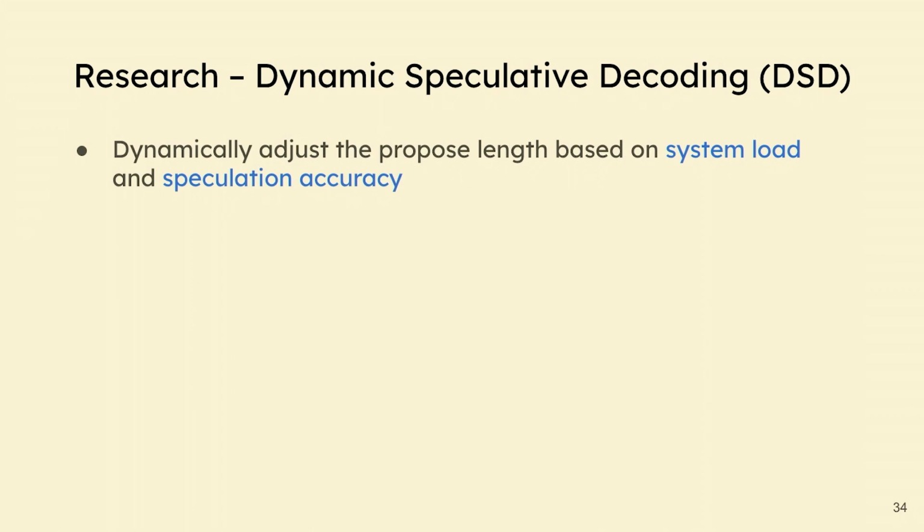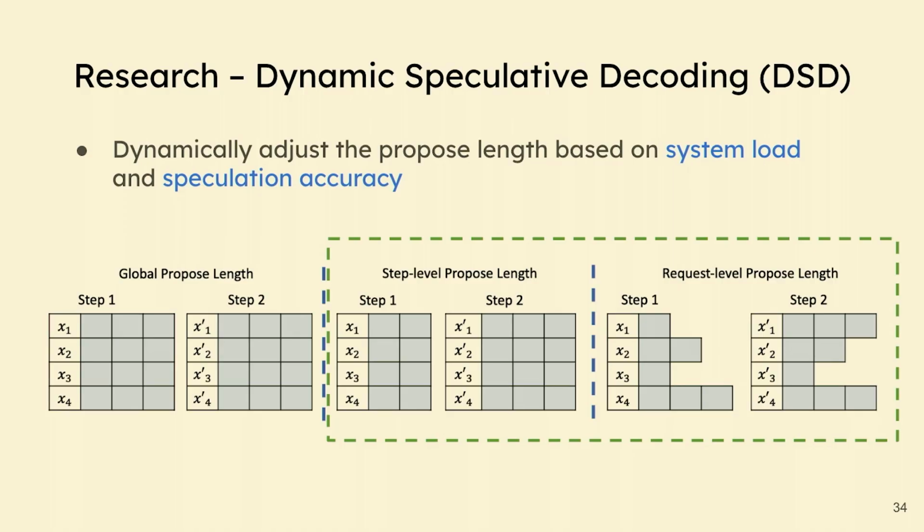So this motivates some ongoing research within vLLM. We propose dynamic speculative decoding. It can dynamically adjust the proposed length based on the system load and speculation accuracy. We are doing this at even the step level, where different generation steps have different proposed lengths, or even the request level.